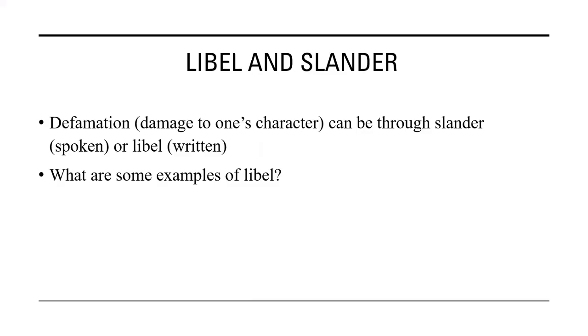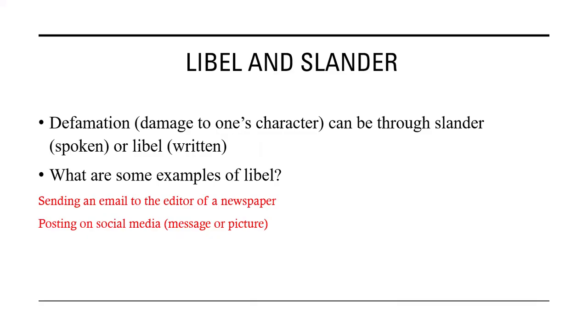So libel and slander. Let's look at these. Defamation, damage to one's character, can be through slander, spoken, or libel, which is written. Okay. What are some examples of libel? So libel is written, sent in an email. So be careful what you're sharing on these emails, or the Facebook and all those different things.